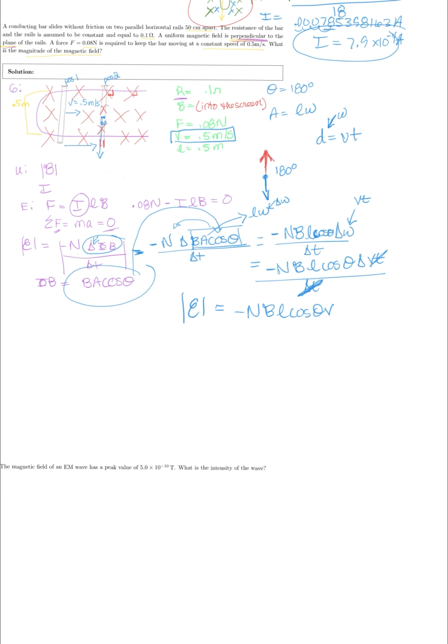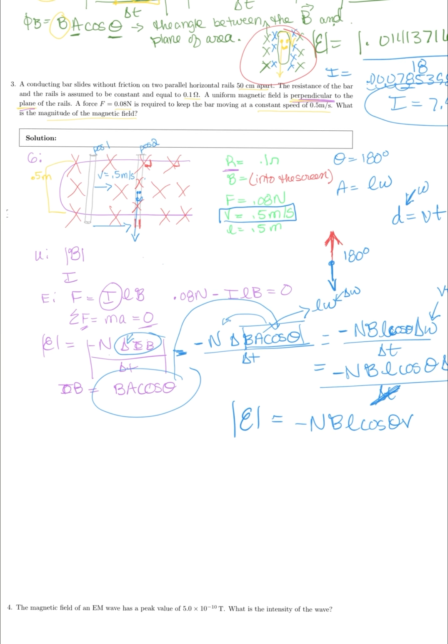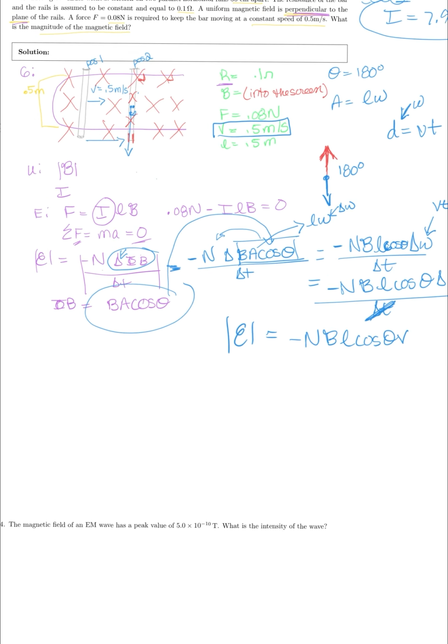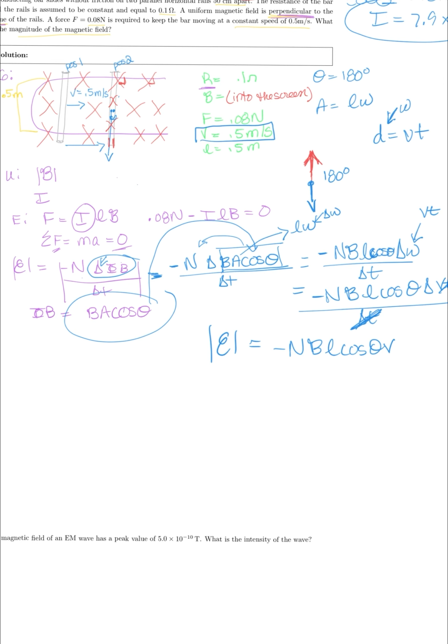Okay, well, we have quite a few relationships going on here. So now let's see. What is the magnitude of the magnetic field? Oh, well, look, we could solve for B, right?